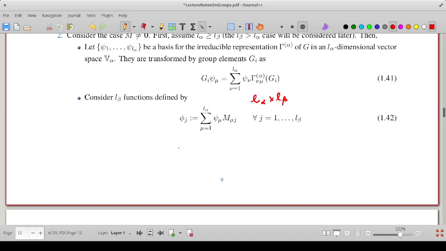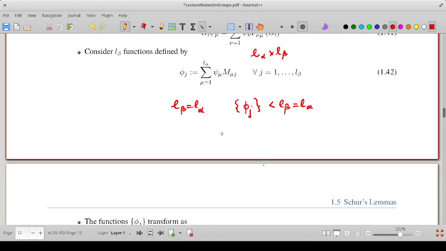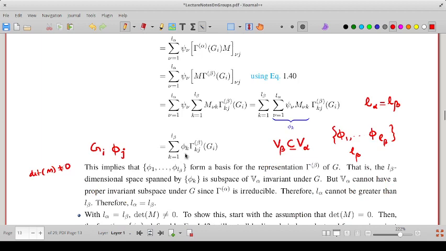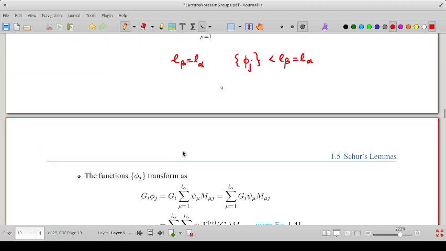And therefore, since there are L beta phi j's, which is also equal to L alpha in this case, and all of them are not linearly independent, the space spanned by phi j's will have dimension less than L beta, but L beta in this case is equal to L alpha. So we will have a subspace spanned by phi j's with dimension less than L alpha, but because of the condition that we just got, this subspace should be invariant under the action of group G also.